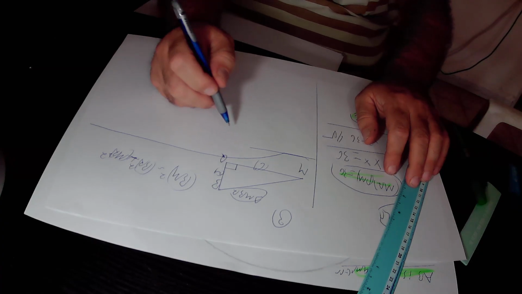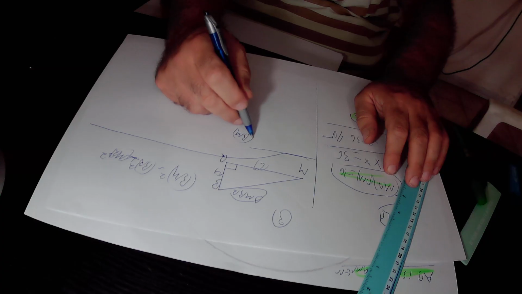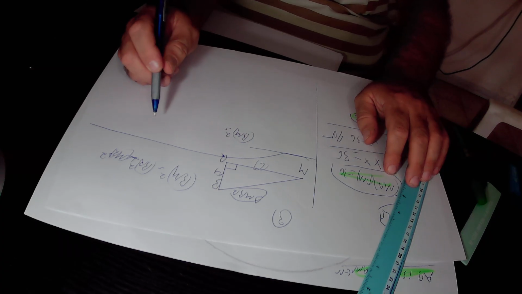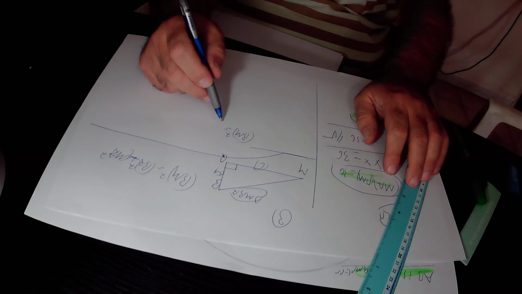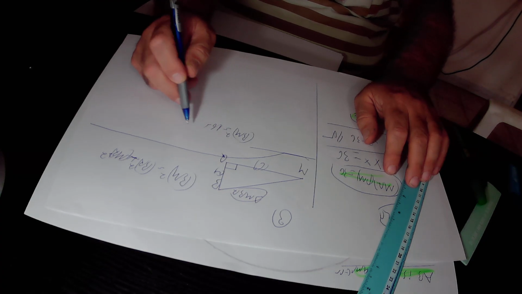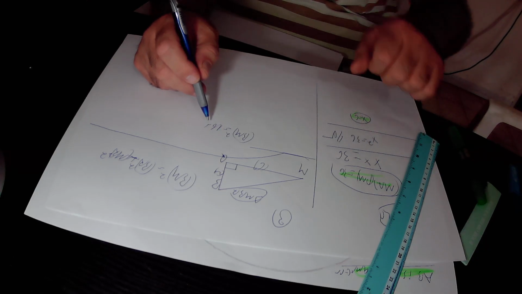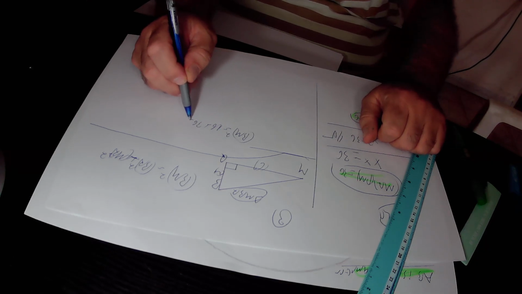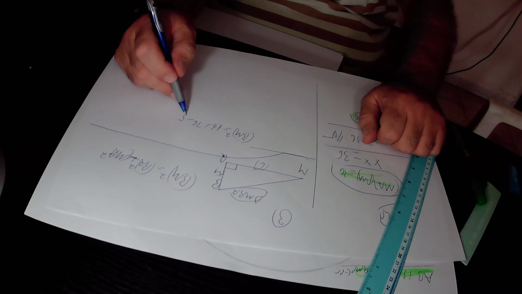BM is the missing side, so BM squared equals BQ squared. BQ is 4, therefore BQ squared is 4 squared, that is 16, plus MQ squared. MQ is 6, therefore MQ squared is 6 squared, that is 36. So we show that BM squared equals 16 plus 36, that is 52.